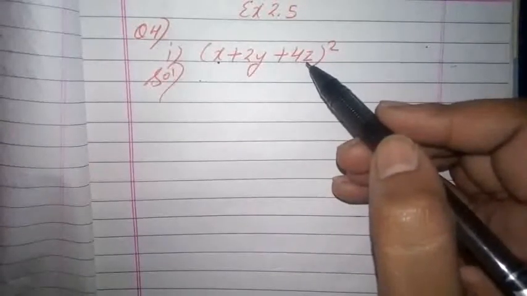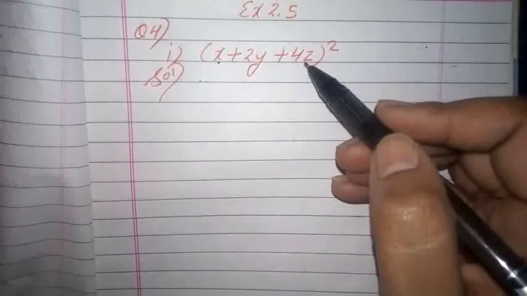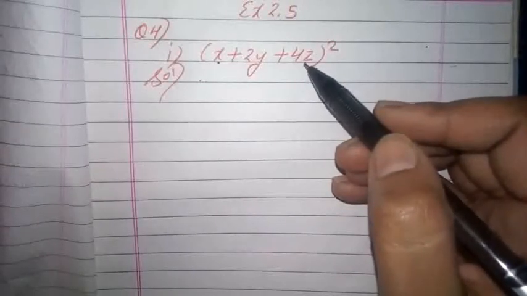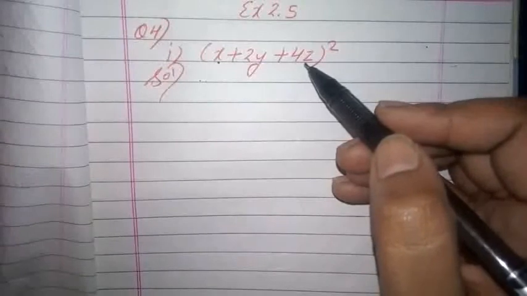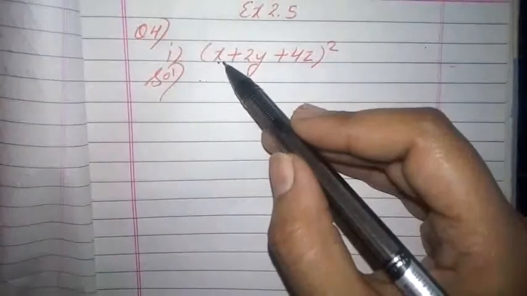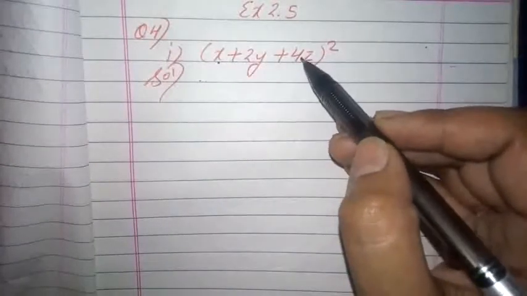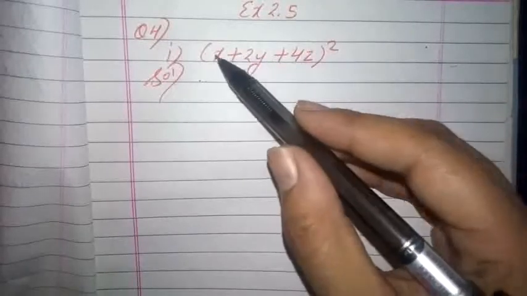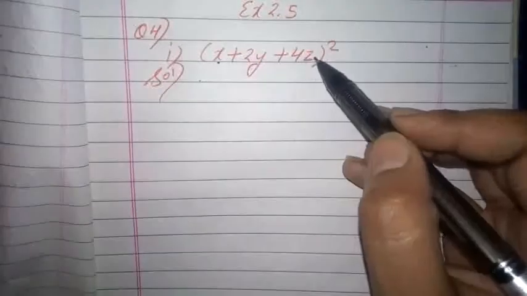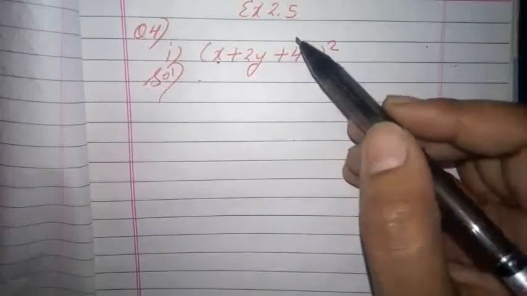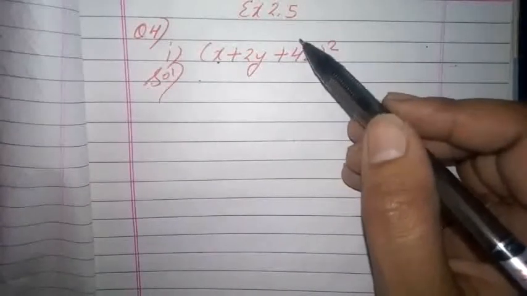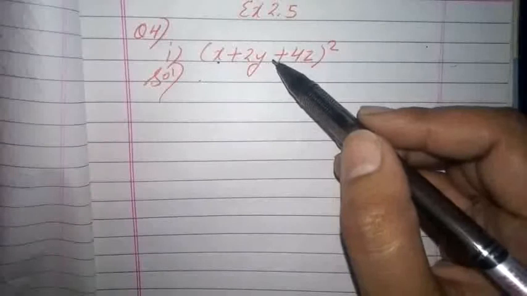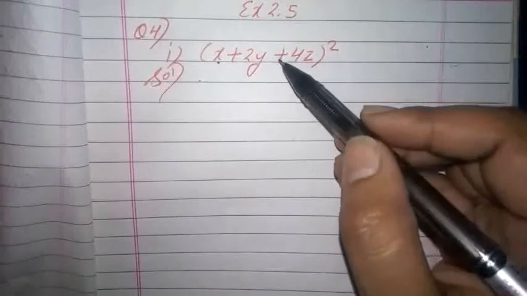The identity number 5 given in the book is the whole square of x plus y plus z. Here also we have x plus 2y plus 4z. One thing to remember: the variables of the identity and the variables of the question should be distinct, meaning different.